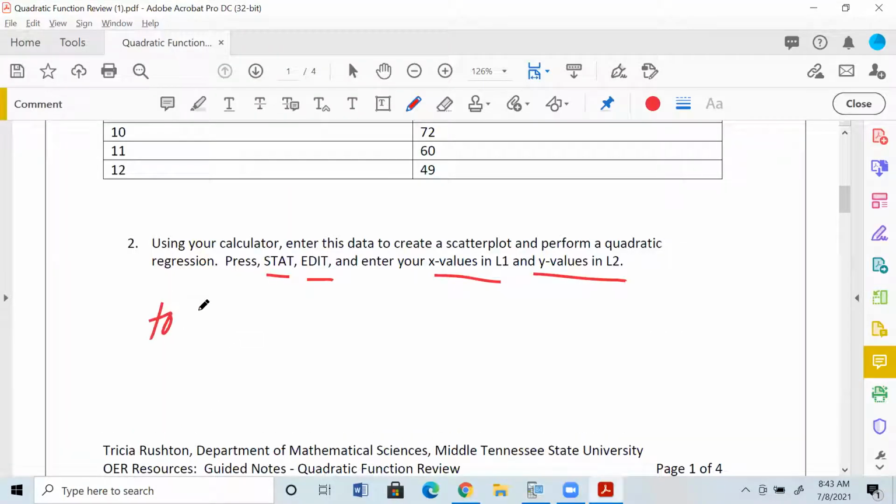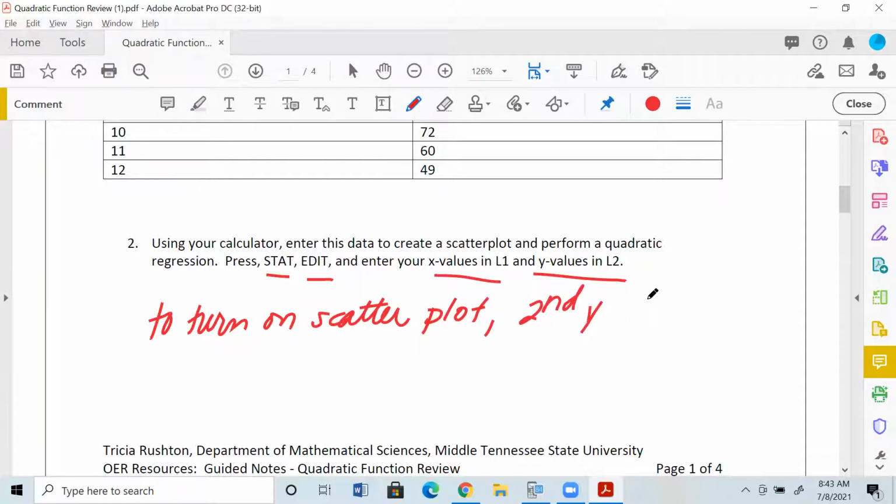So to turn on the scatter plot, again, we pressed second, Y equals, which took us into the stat plot menu, and selected on.